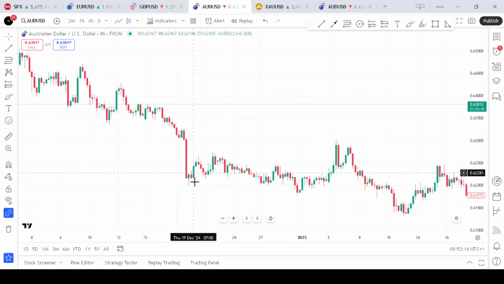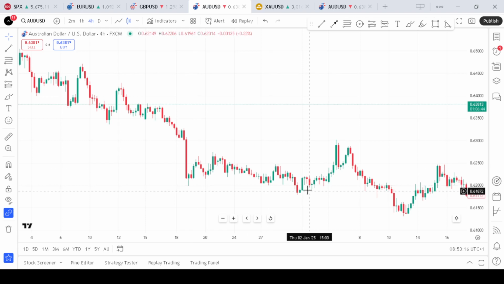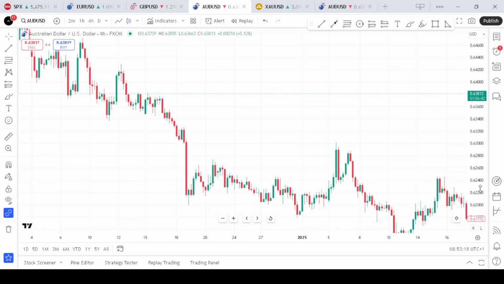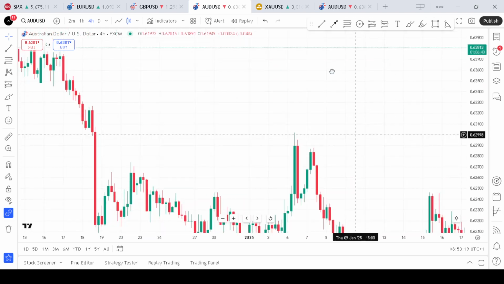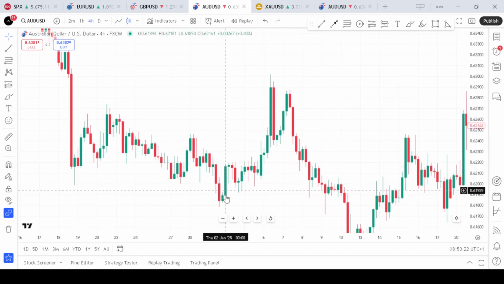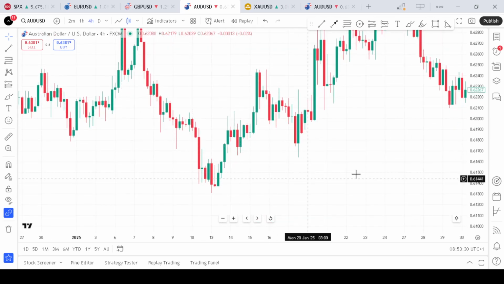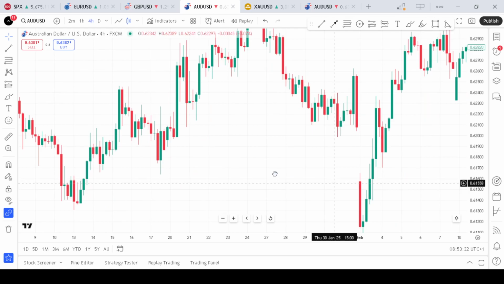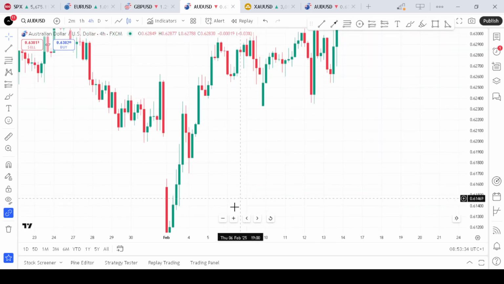At the end of a downtrend, you see a bullish engulfing candle. As you can see, this is a bullish engulfing candle. This is also a bullish engulfing candle, which engulfed the previous candles. It can be a bearish candle or a small candle, but this is a typical example of a bullish engulfing candle. Let's look for more examples.